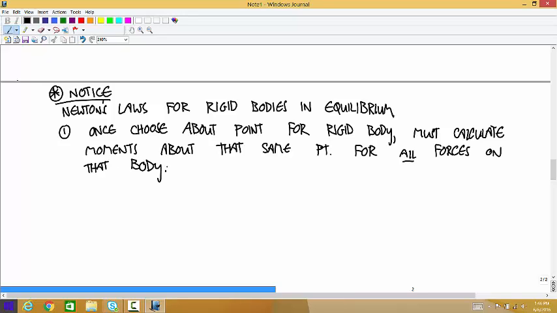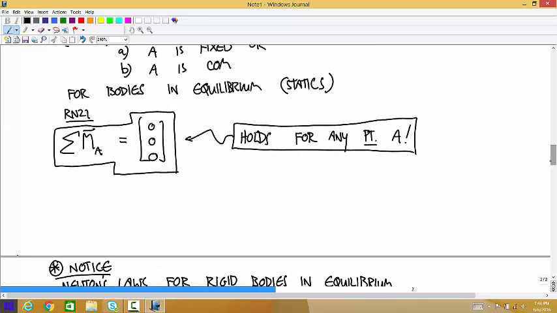Rotational Newton's second law says add up the moments produced by all the forces, and they have to add up to 0. Say that there's 5 different forces. You can choose whatever point you want as your about point, but you have to keep it the same for all 5 of those forces.